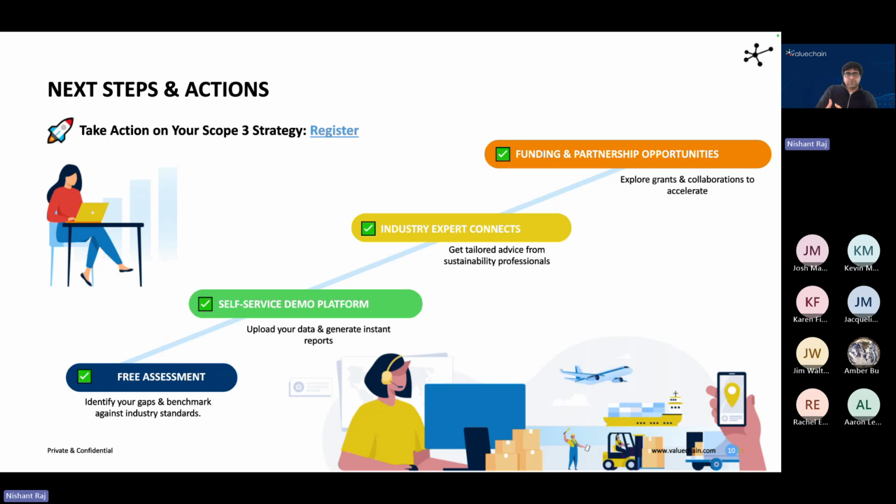Now, all of these things we do share as a part of our value chain innovation community. That community is accessible only by invitation, aimed at innovative startups in manufacturing or manufacturers who want to engage with startups and other innovative companies.